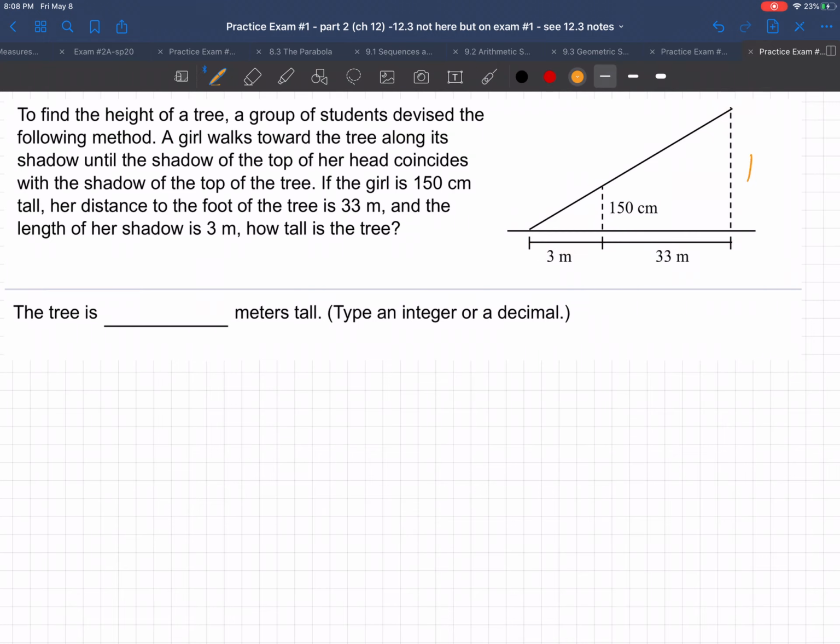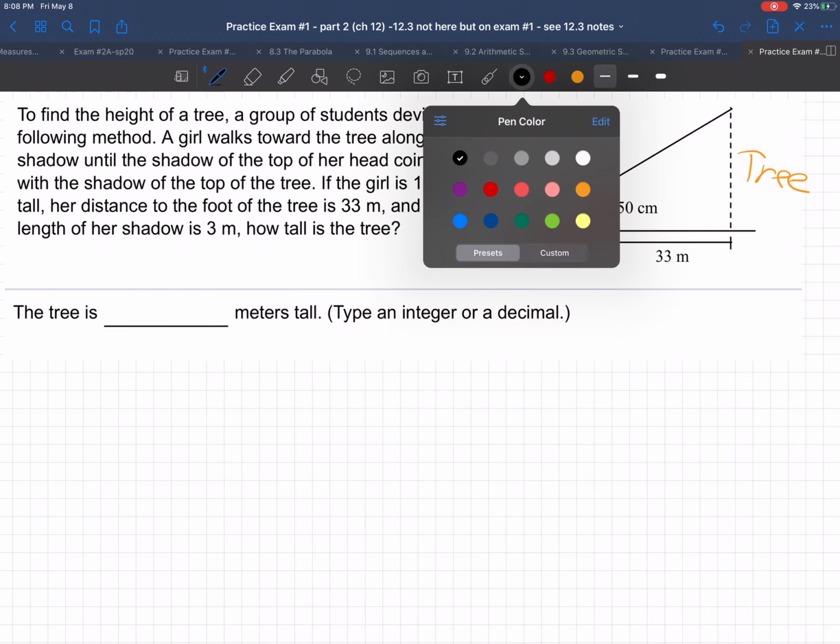So let me fill in some stuff over here. Here's the tree. Here's the girl right here. And the tip of her shadow matches the tip of the shadow of the whole tree. This is the shadow here.